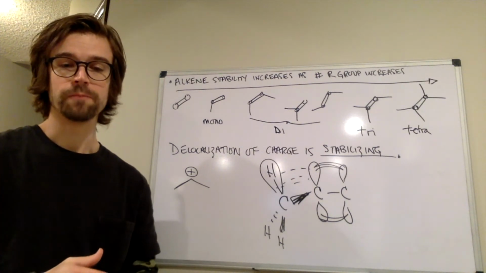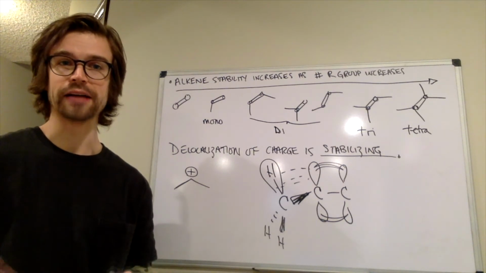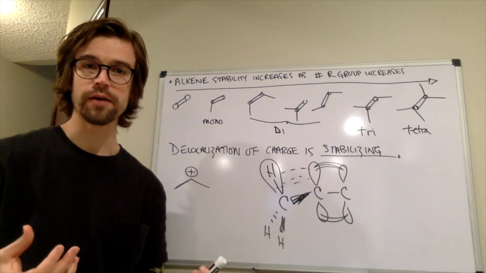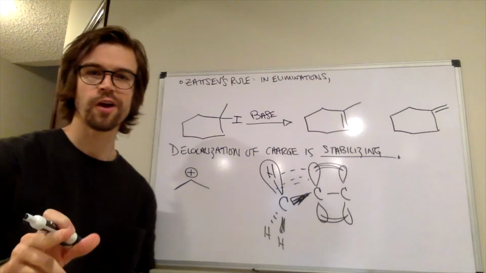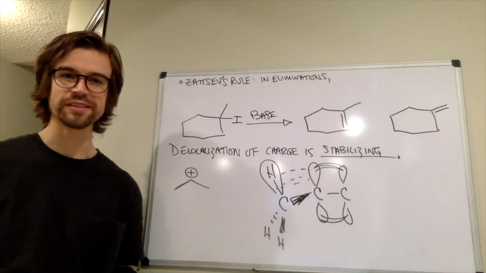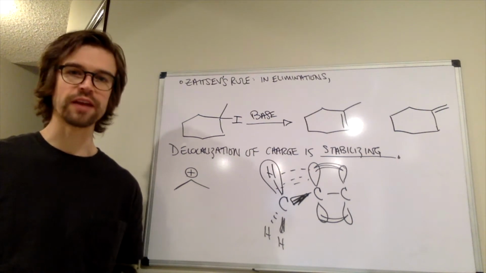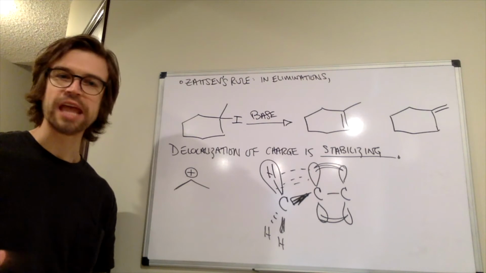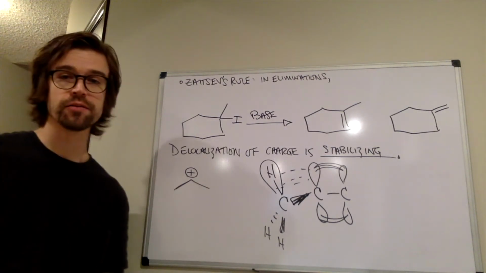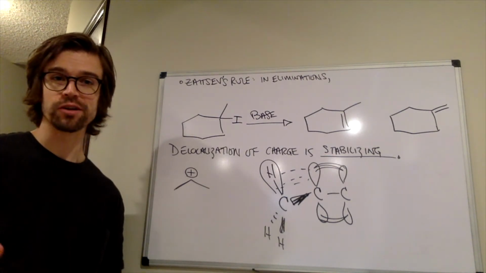So, how does this impact the reactions that we're going to learn about? Good question. We're going to hit that right about now. All right, so how does this greater alkene stability impact our organic reactions? And this brings us to this rule that a Russian chemist named Zaitsev discovered just empirically.